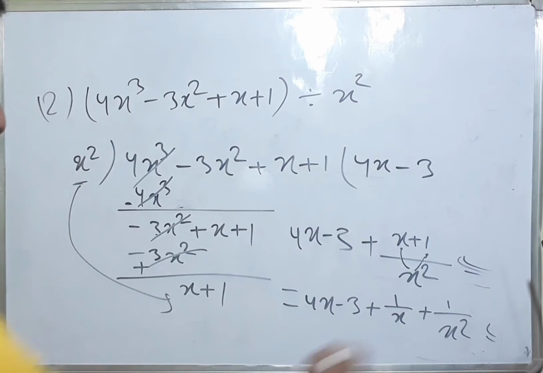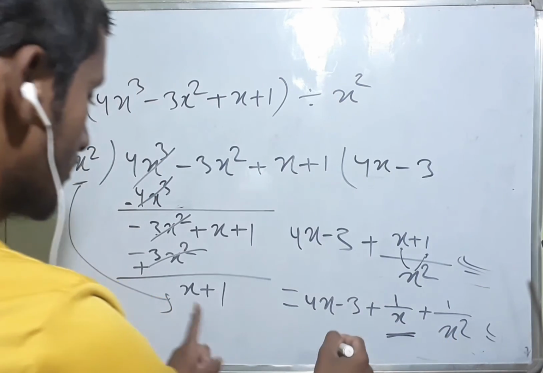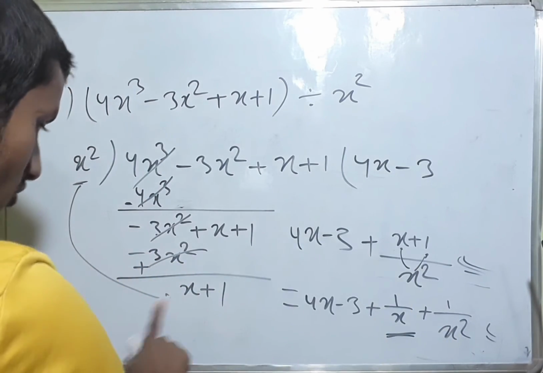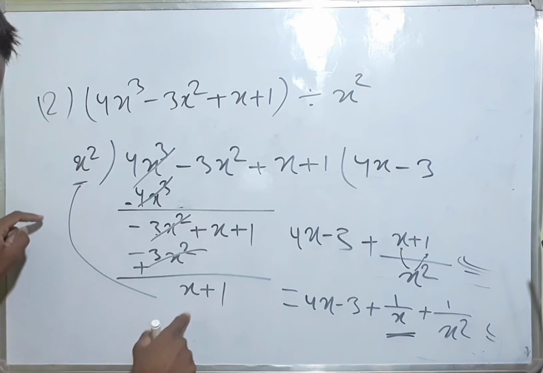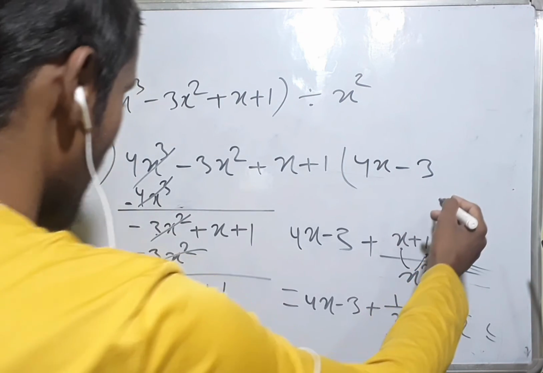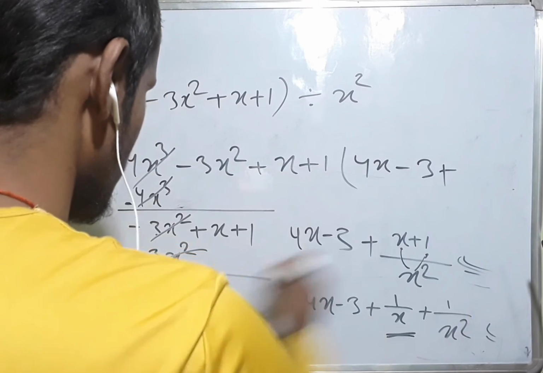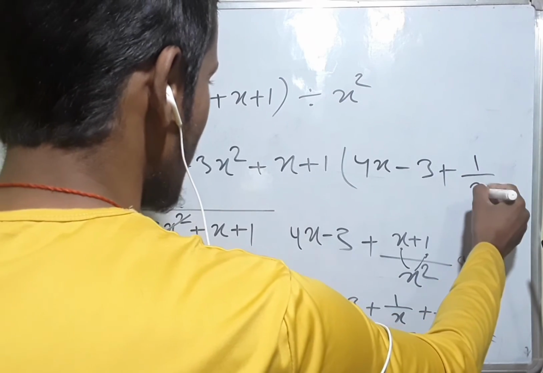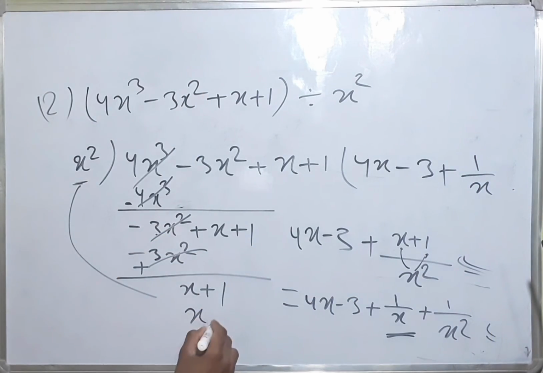You could also go to this from here. If you divide further, you have to get x. So what do you multiply? Multiply plus 1 over x, because it's plus here. You get x, and then plus.